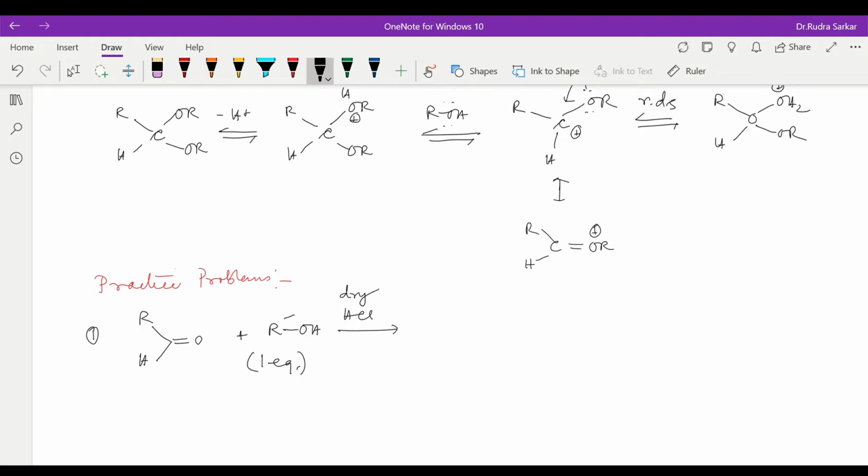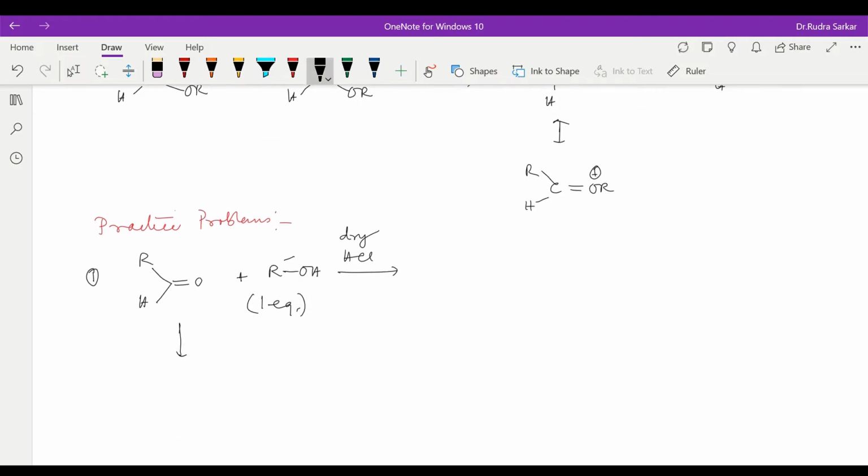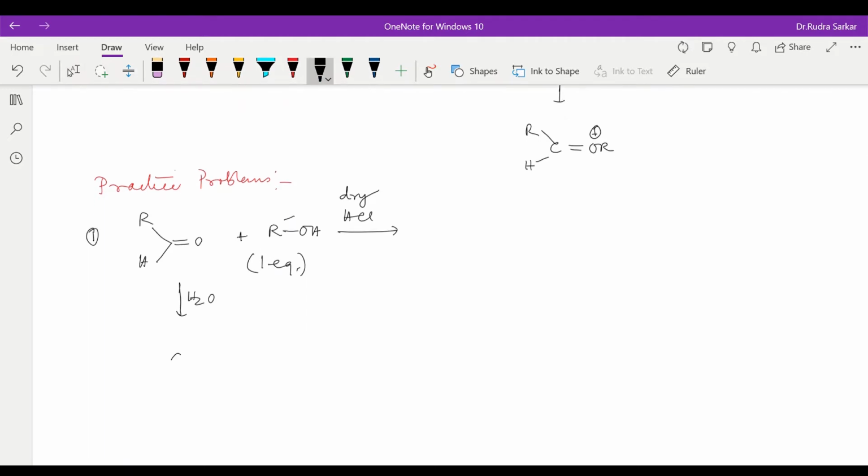What you do is you convert this acetaldehyde to a hydrate. So think like it is reacting with water, and you convert this to a hydrate of acetaldehyde. Okay, so basically it's converting to a diol, gem diol. Now you try to think that we have to take out water.